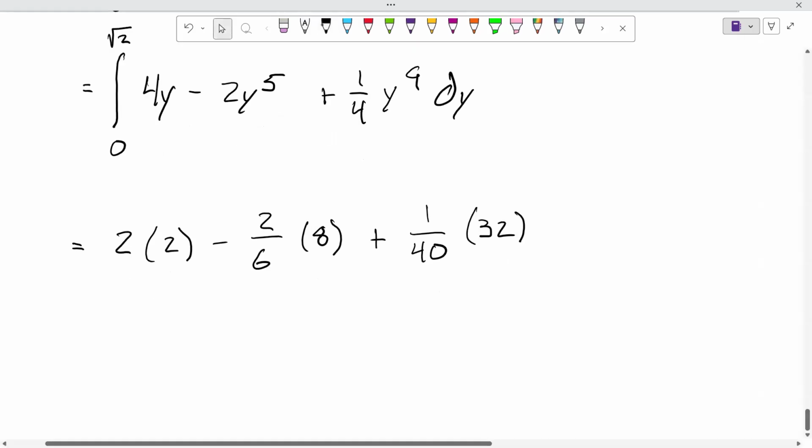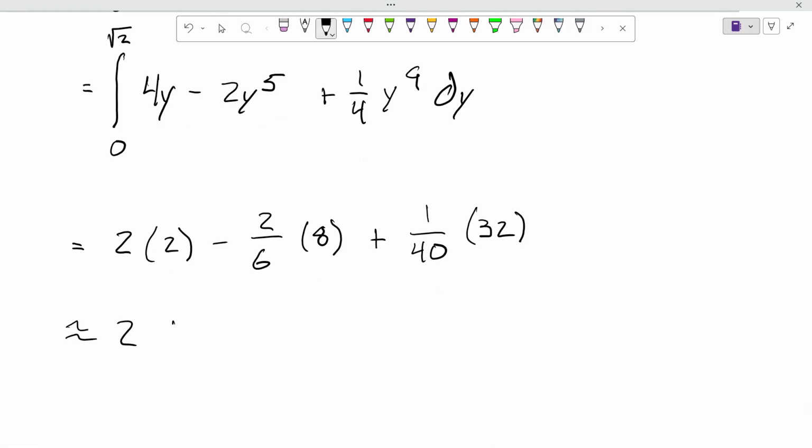And then this all works out to a number, doesn't it? Let's just say it's about 2. I don't know, I've never been good with numbers anyway.